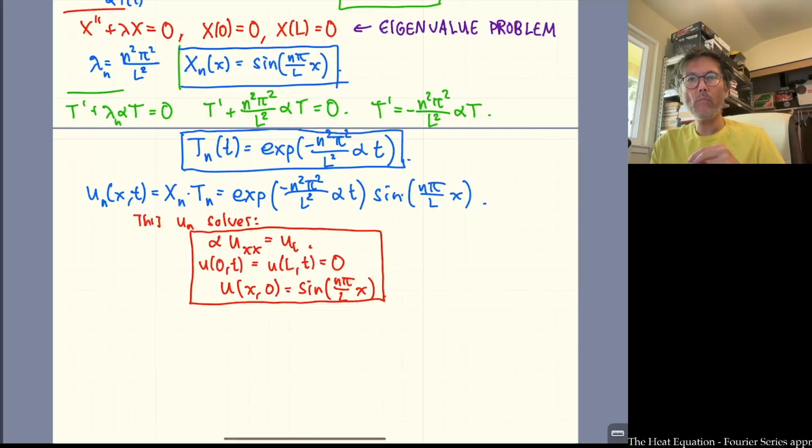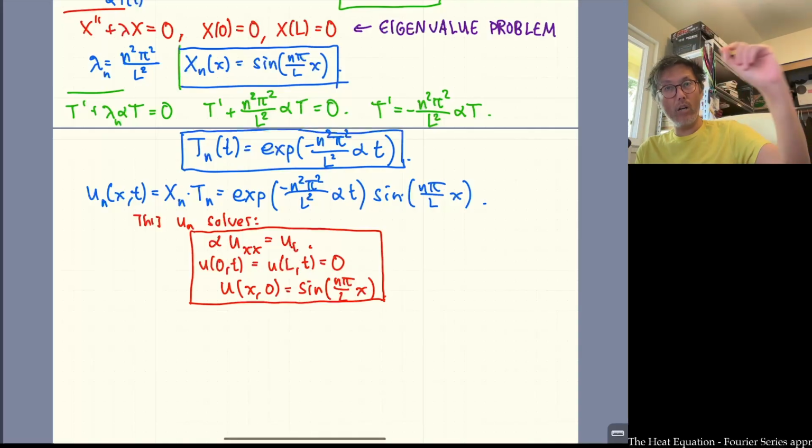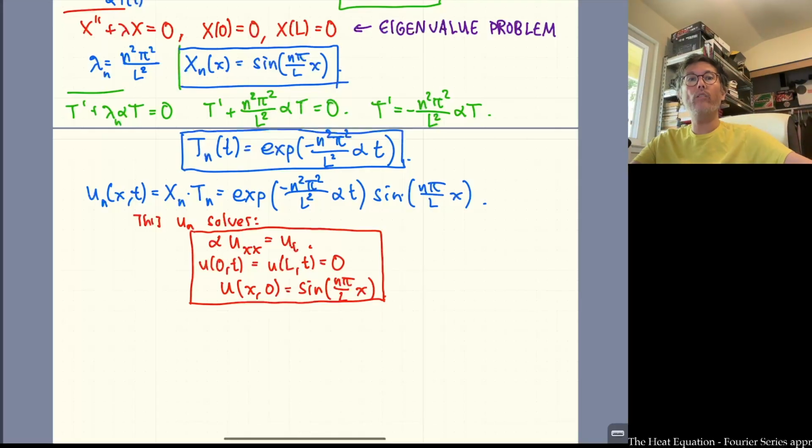Okay? But what I want to say is that we have gone quite a long way now to solving this heat equation for general initial conditions. We just have to somehow use this data as a sort of building block to build out the full story. So that's what we're going to do in the next one.